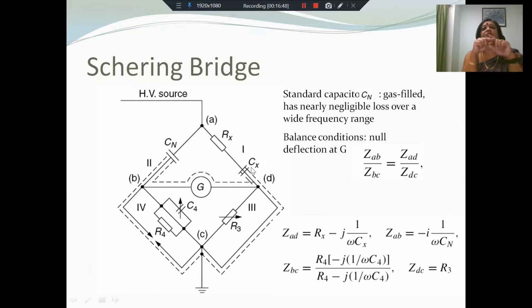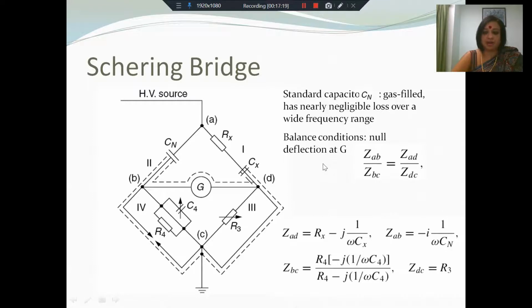The test specimen can be modeled as a series circuit consisting of a resistance and a capacitance. The resistance Rx indicates the dielectric loss, the conductive loss and leakage of the specimen, and Cx is of course the capacitance of the specimen. So the arm RxCx has the test object, and you have a galvanometer.